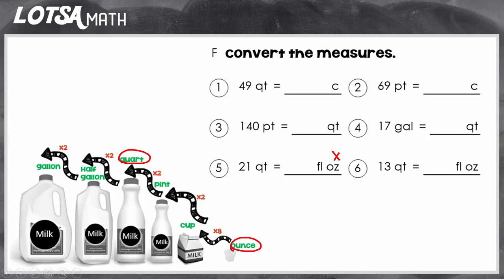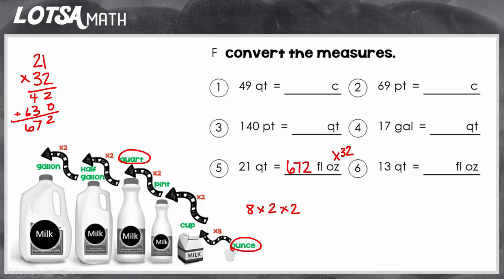So between here and here is times 8, and between here and here is times 2, and between here and here is another times 2. So if I multiply these together, I'm going to get my conversion rate. 8 times 2 is 16, and 16 times 2 is 32. So my conversion rate is going to be 32. So then I just have to do my math. 21 times 32. And I get 672 for my answer.